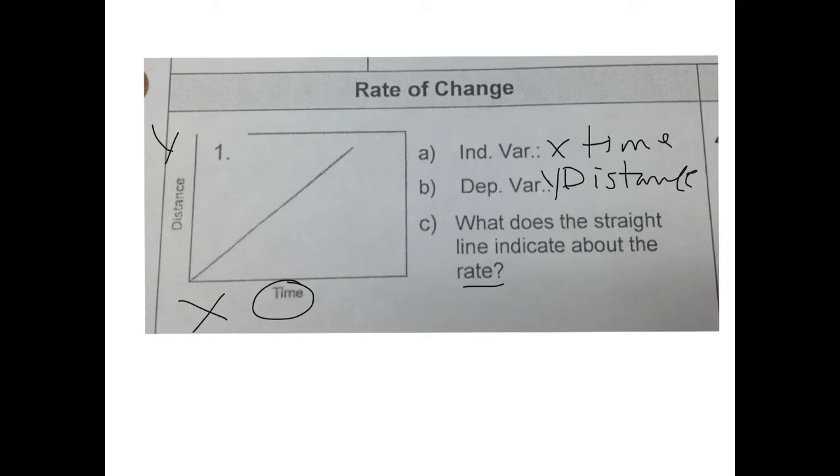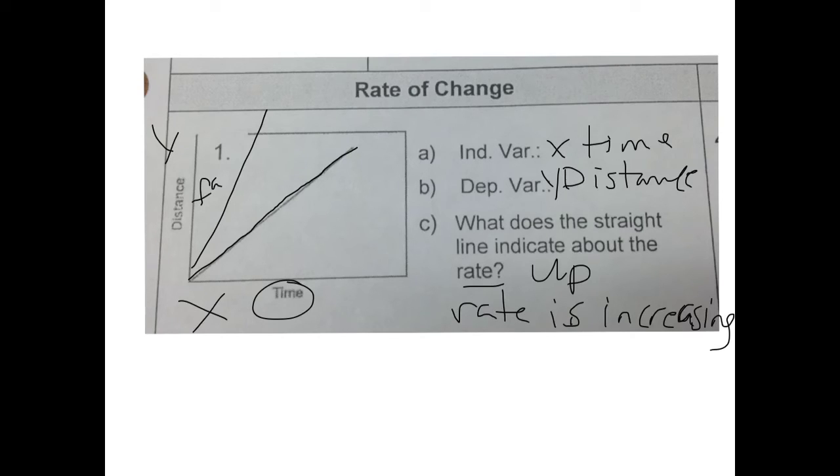If we look at our rate, it's going up, so our rate is increasing. It's increasing at a steady rate. This would be faster, this would be slower. We don't know exactly what kind of rate this is, but it's a very steady rate.